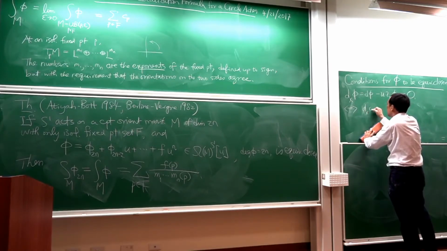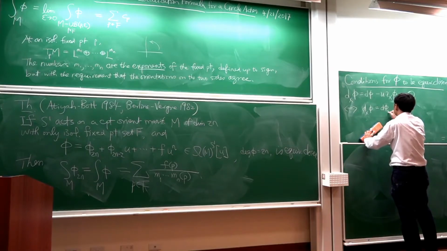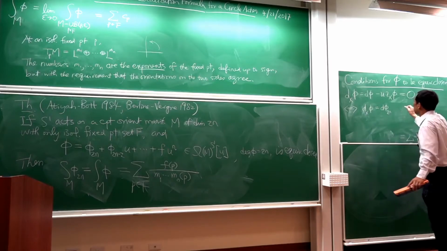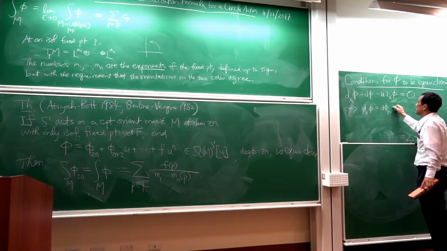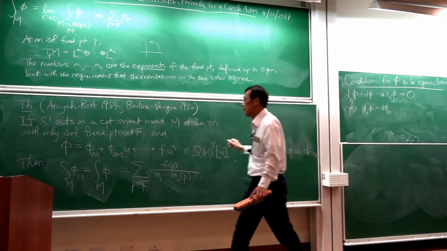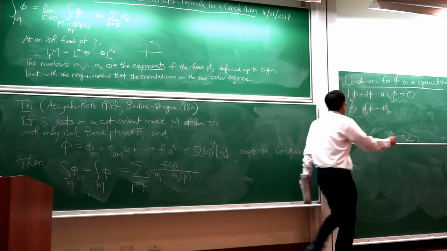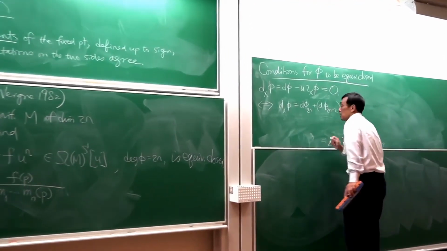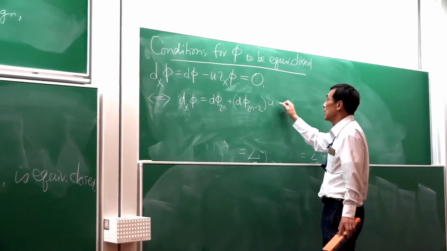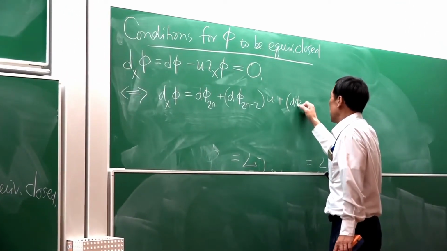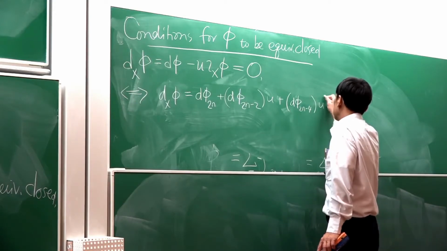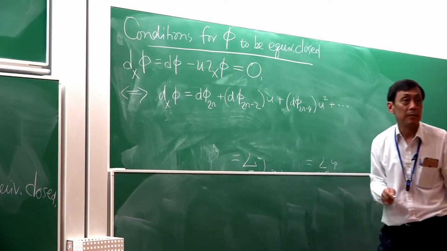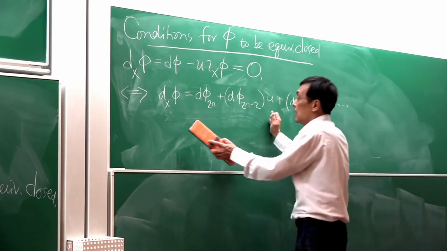So dx phi will be d phi 2n, and then d phi 2n minus 2 times u, plus d phi 2n minus 4 times u squared, and so on. Okay, so that's the d part.